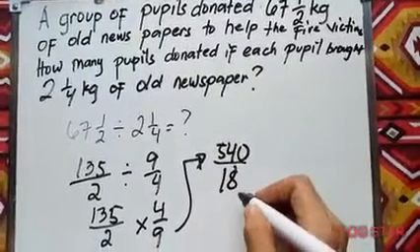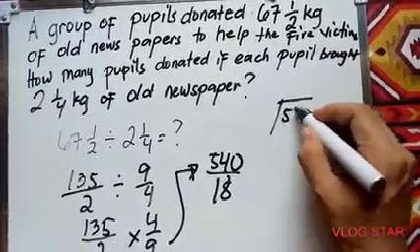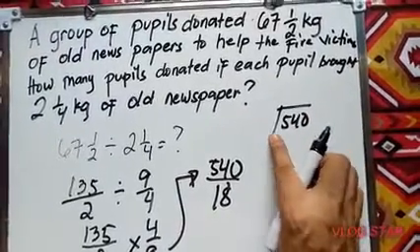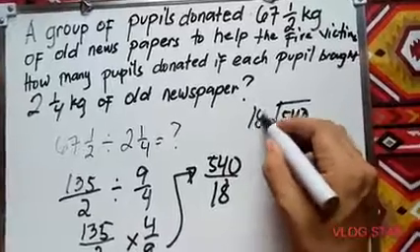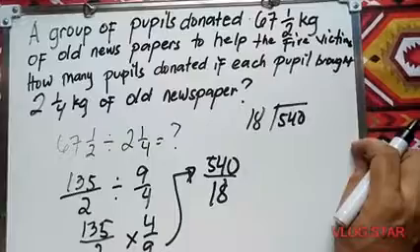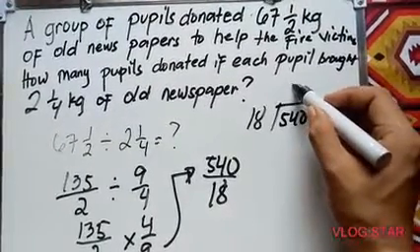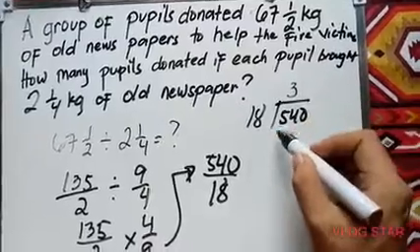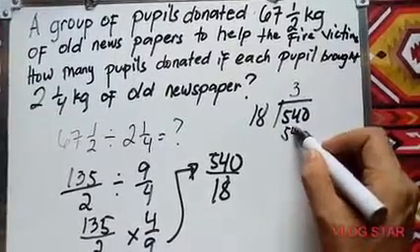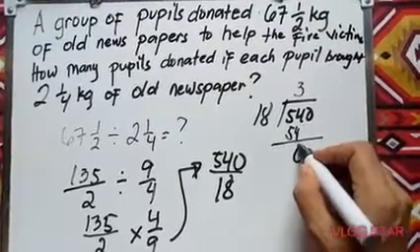So 540 divided by 18. 54 divided by 18, the answer is 3. 3 times 18, 54. Then 54 minus 54, 0.